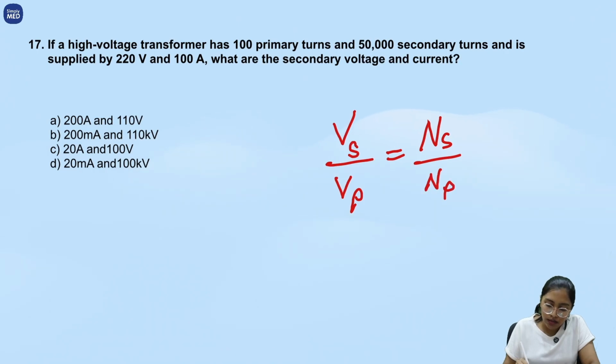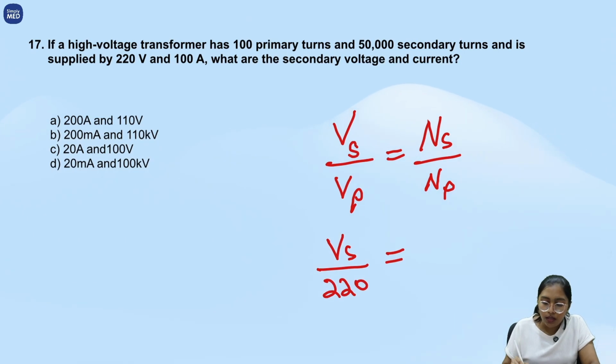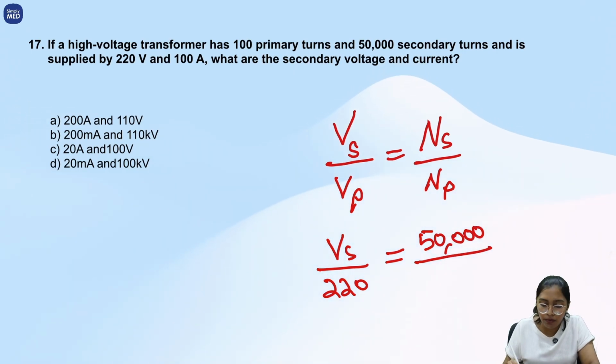Vs means the voltage in secondary, which we have to find out. Vp is the voltage in primary, which is equal to 220 volt. This is equal to Ns by Np. Ns means the number of turns in secondary, which is equal to 50,000, divided by number of turns in primary, 100. Okay. So two zeros cut.